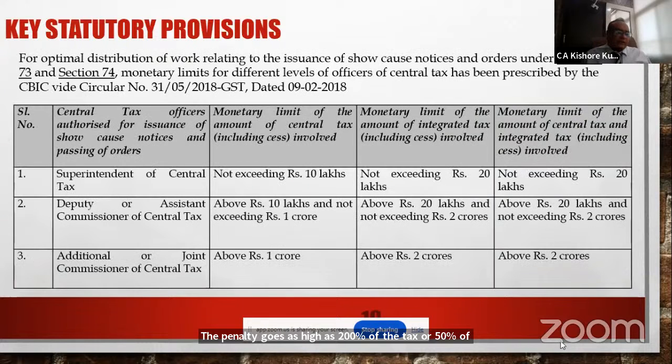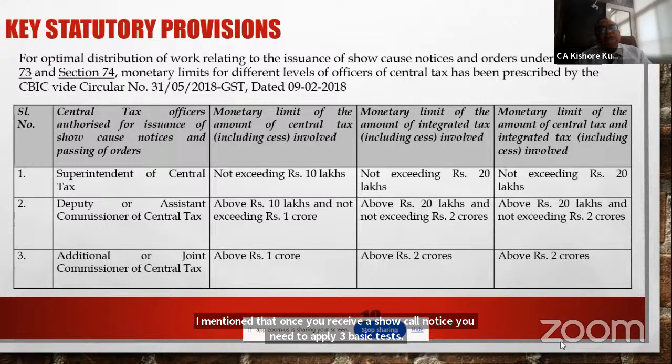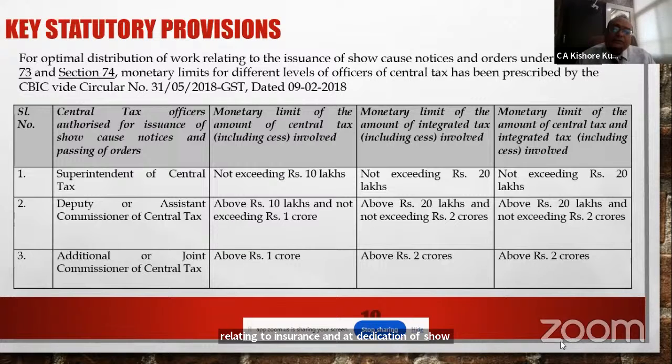Now, friends, let's look at some of the other provisions. I mentioned that once you receive a show cause notice, you need to apply three basic tests. One of the tests was whether the show cause notice is issued by the proper officer. What does it mean? Friends, for the proper distribution of work relating to issuance and adjudication of show cause notices, the government has prescribed monetary limits for the different levels of officers.